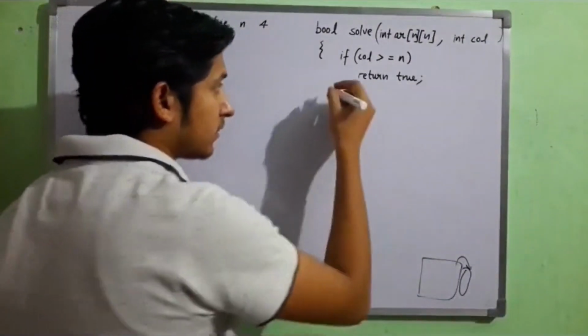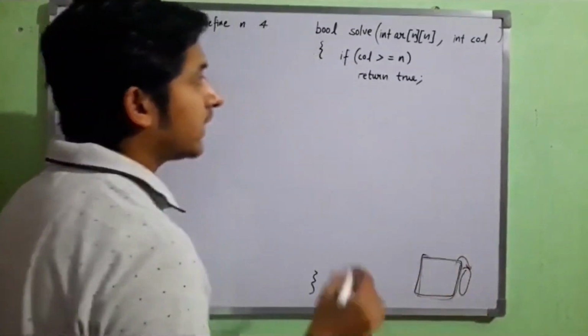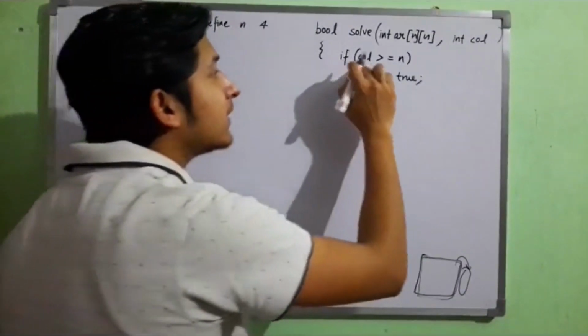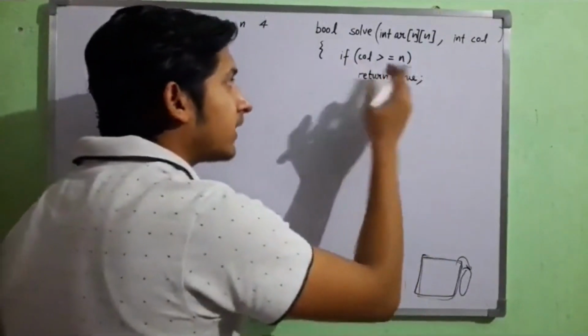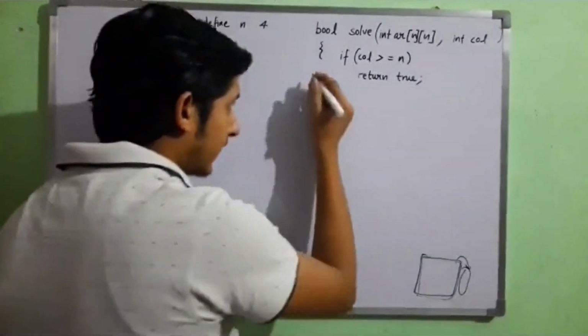Next case, if we are inside this, then what you have to do, you need not place else here, because if this case runs, then it will end this function here only, it will return true, otherwise it will run this.